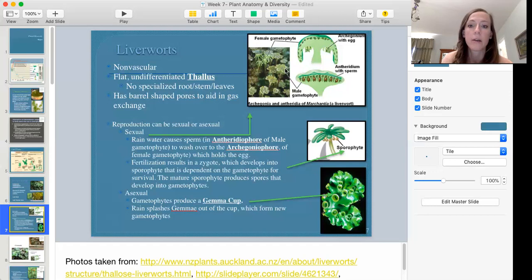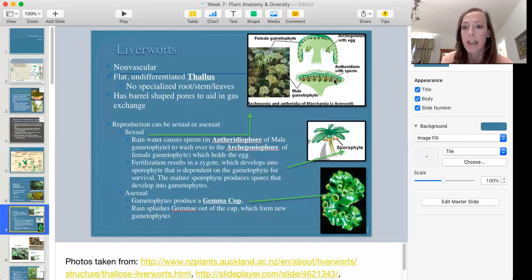When they are undergoing sexual reproduction, sperm develop from the male structures and eggs develop from the female structures. You'll notice the prefixes are different, but the base words are the same. Anything with the anther prefix is associated with the male structures, so it's going to ultimately produce sperm.